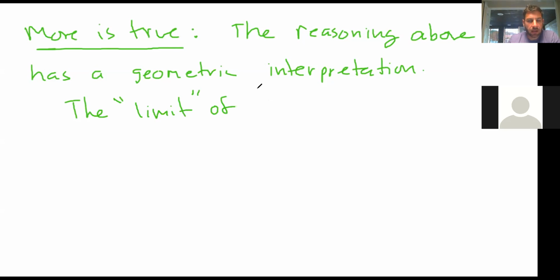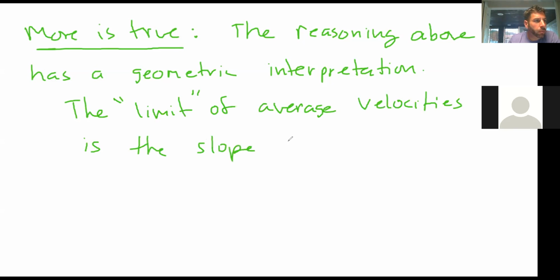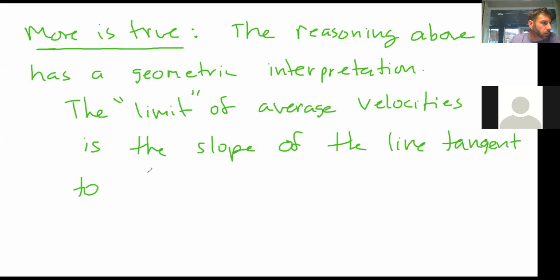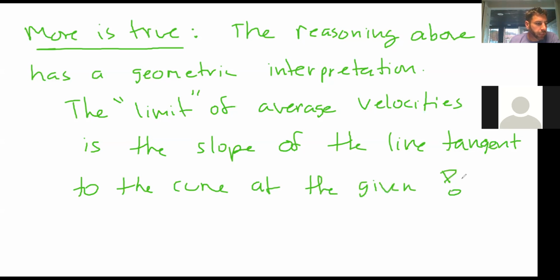But the limit of the average velocities is the slope of the line tangent to the curve at the given point. So let's go to a picture to see it.